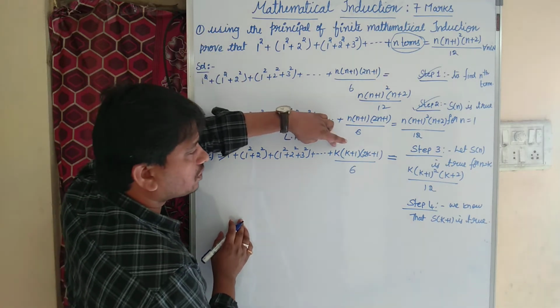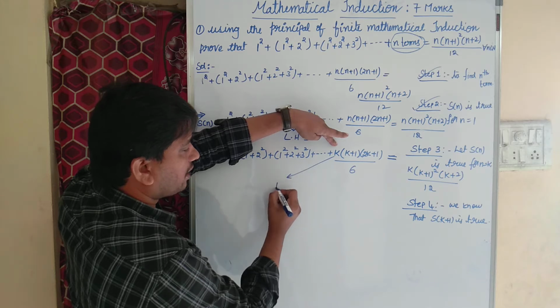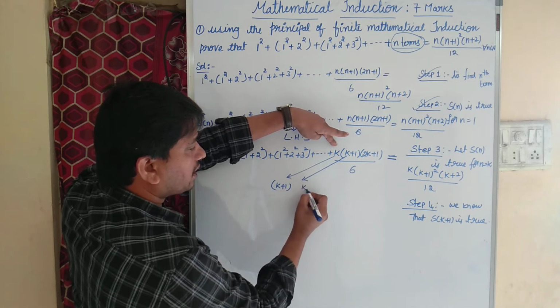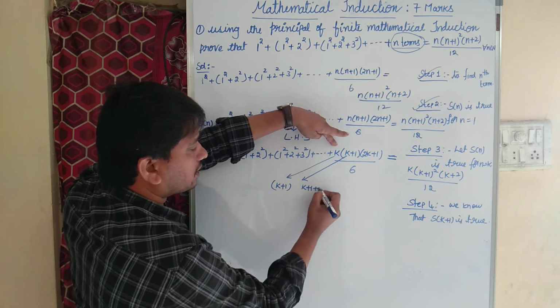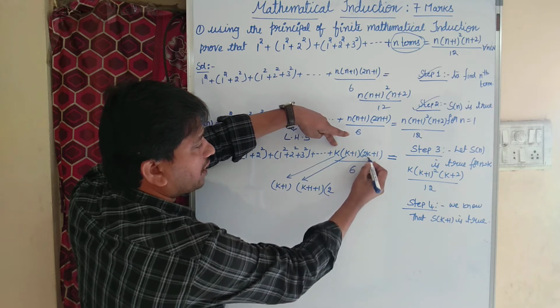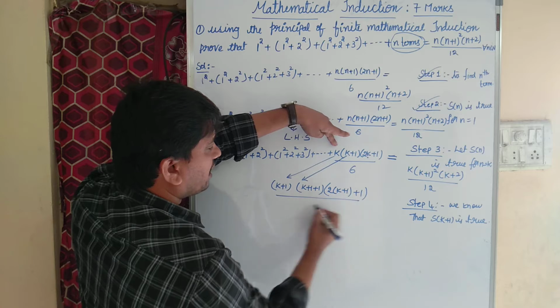Let me substitute. In the place of k, I am writing k plus 1. Here also in the place of k, I am writing k plus 1. Already we have plus 1. And here 2 into, in place of k, k plus 1, divided by 6.